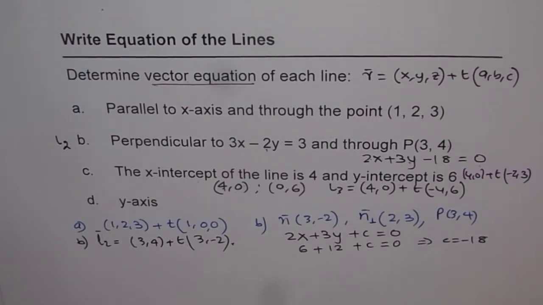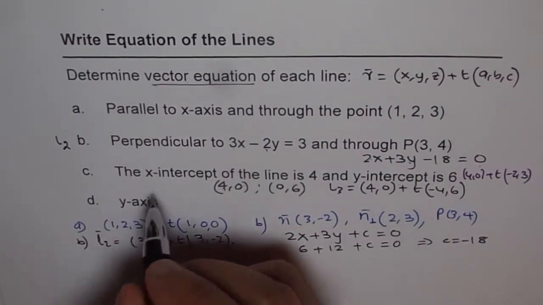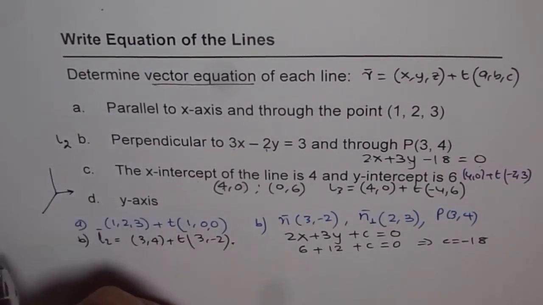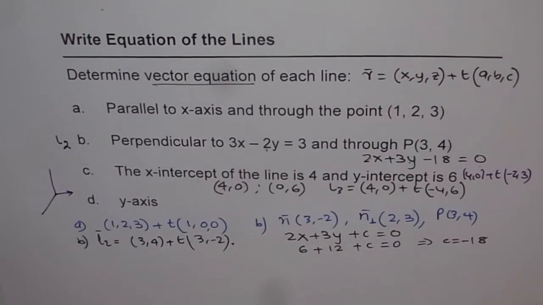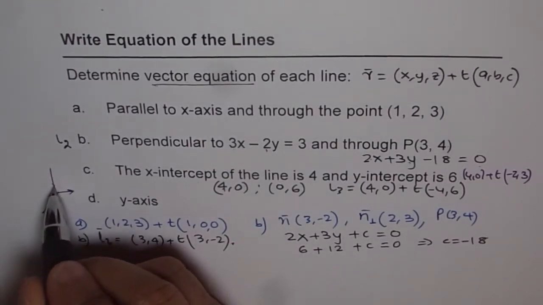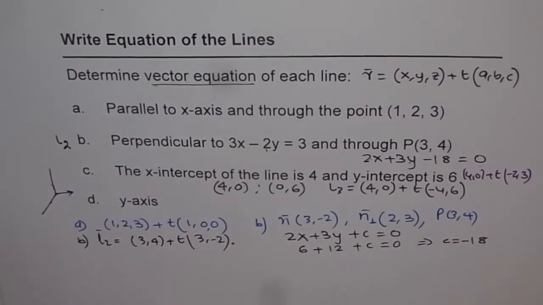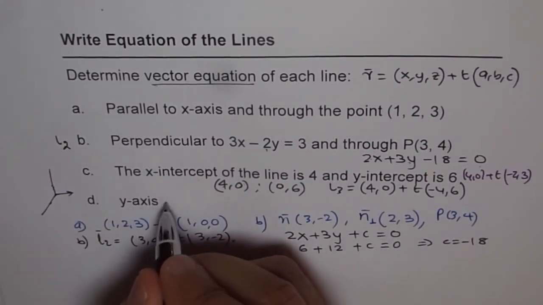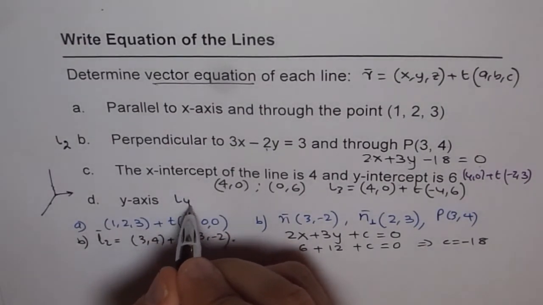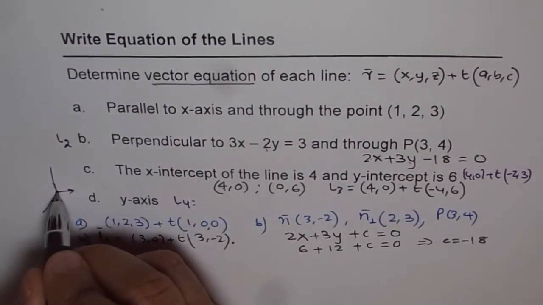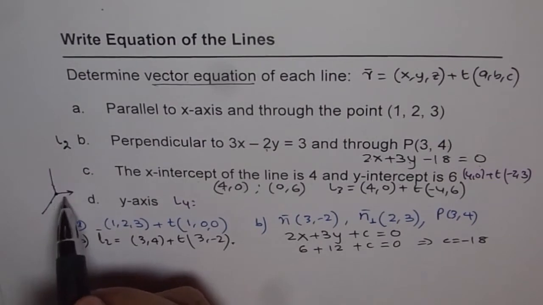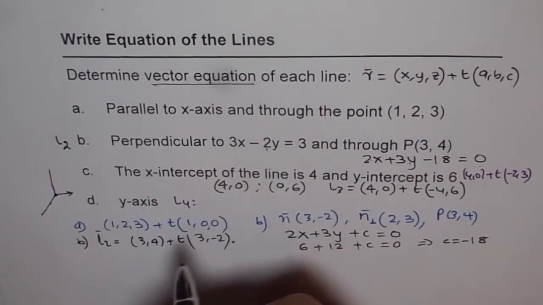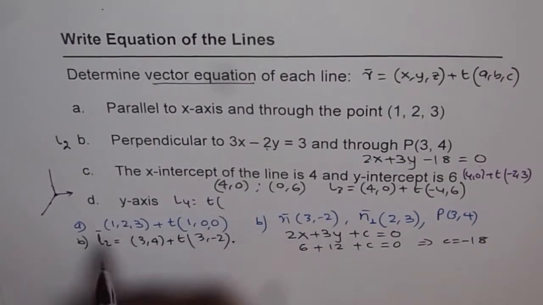Part D, the y-axis. Now the y-axis is what? If we are looking into R3, you have to move along the y-axis only. So in that case, we are not at all moving along these two lines. Any point on the y-axis, we could actually take a point, let's call it line L4, the origin will be a point on the y-axis. So think about (0, 0, 0), no need to write it now, and t times what?